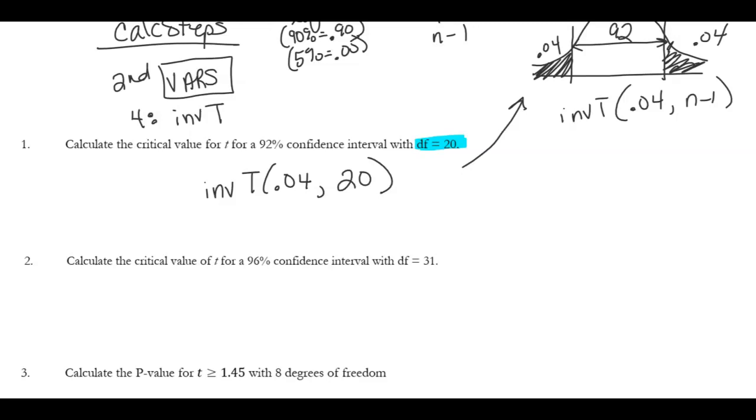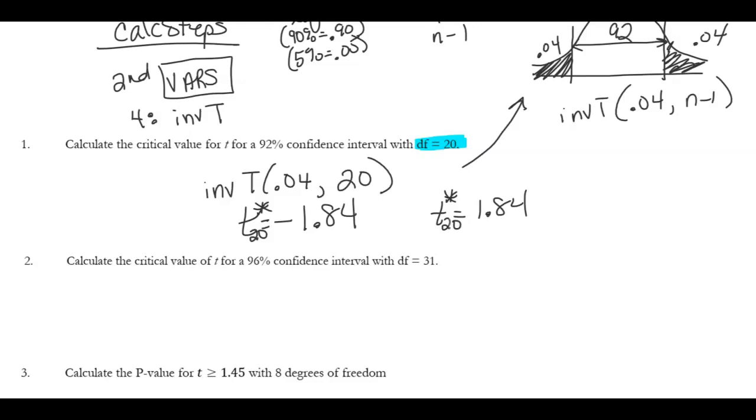And you should get negative 1.84. Now, remember with critical T's, sometimes you're going to get negatives. I'm okay with you keeping it a negative or making it a positive 1.84. We should actually, though, put the 20, because it's the critical T for 20.